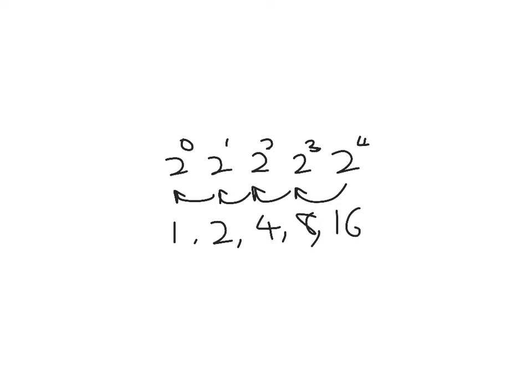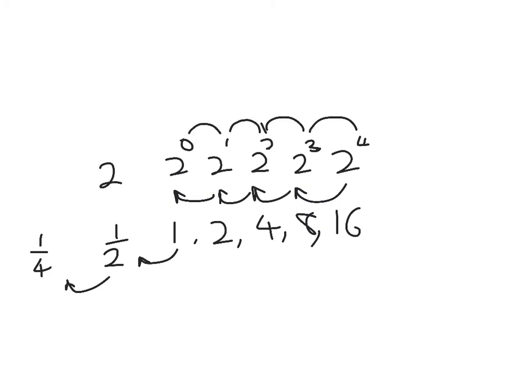What happens when I divide 1 by 2? Well, I get 1/2. When I divide by 2 again, I get 1/4, and so on. So what happened to my powers? Well, they dropped by 1 every time. And that's how negative powers work.